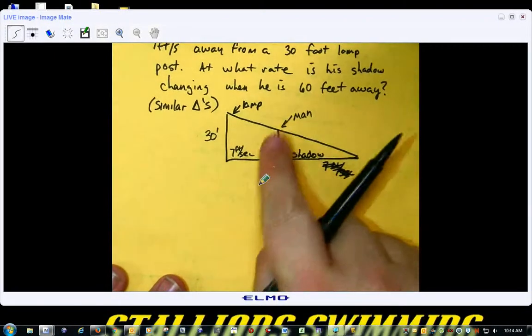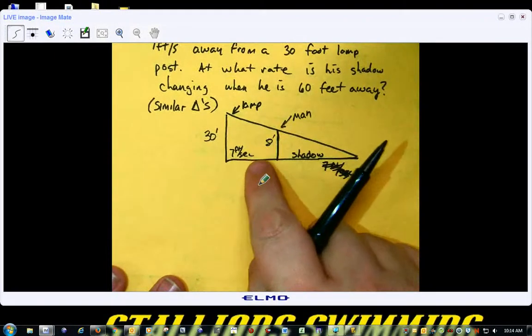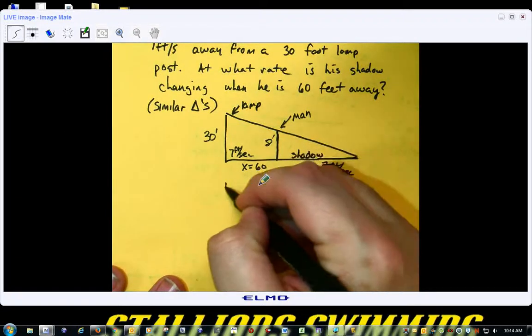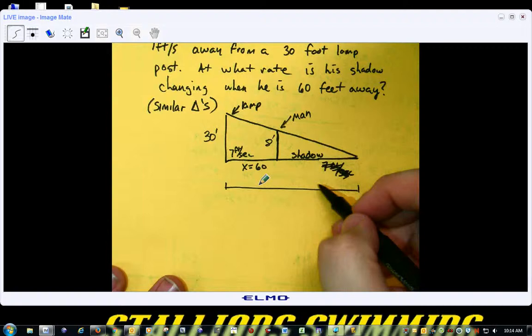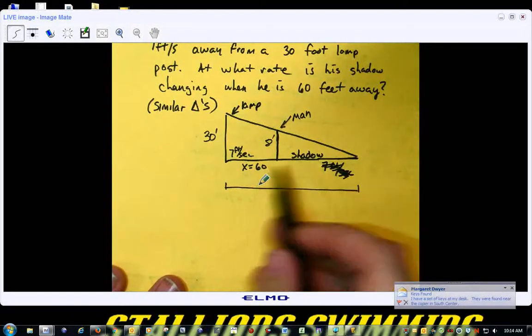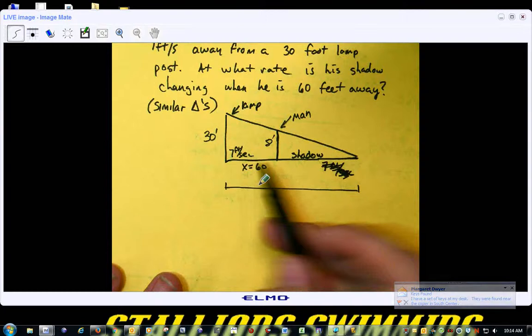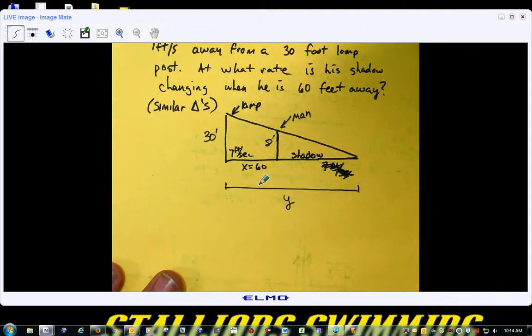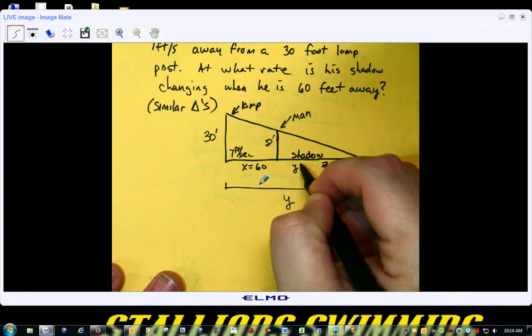Alright, we know this value, x, is 60. Do we know what this whole thing is? We'll say that this whole distance is y, right? And this is going to be y minus 60, isn't it? So that's what we're going to end up using.